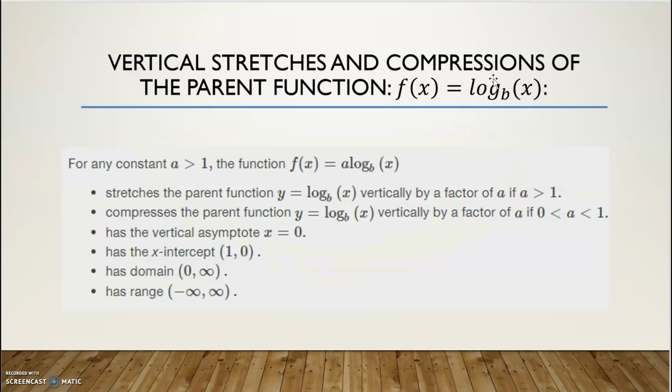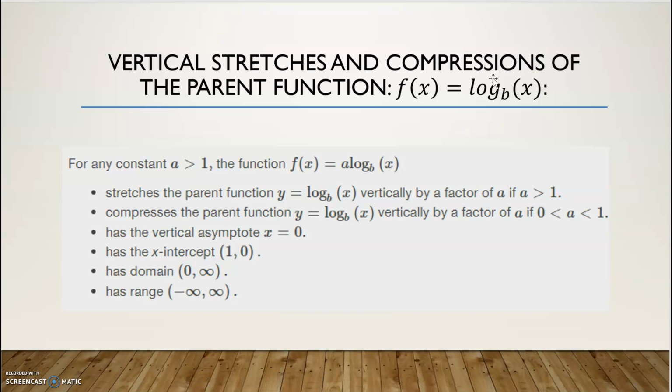Okay, now let's talk about vertical stretches and compressions of the parent function log of base b of x. So for any constant a that is greater than 1, then the function a times log of base b of x, you're going to stretch the parent function vertically by a factor of a if a is greater than 1, and you're going to compress the parent function log of base b of x vertically by a factor of a if a is between 0 and 1.